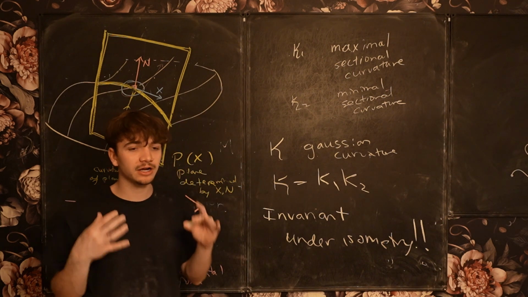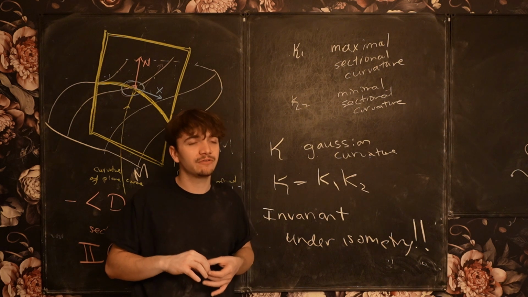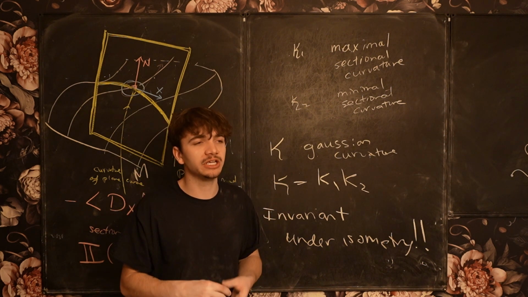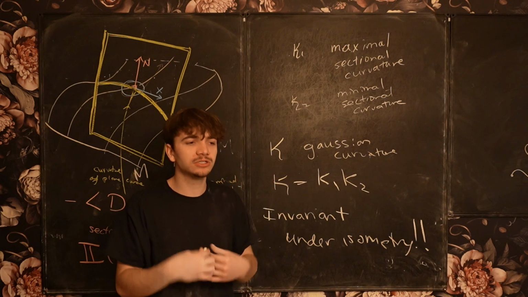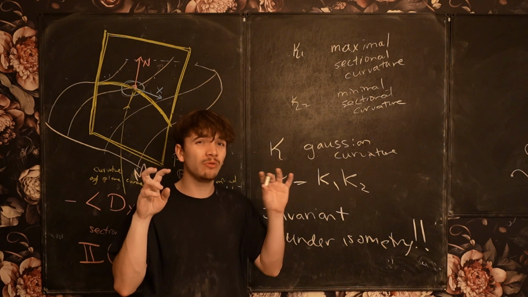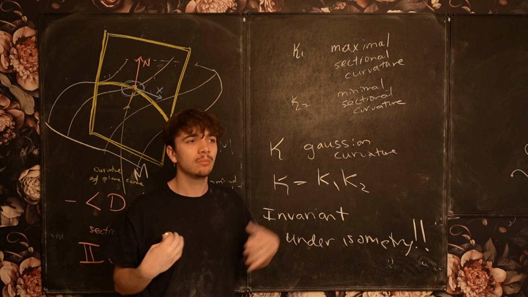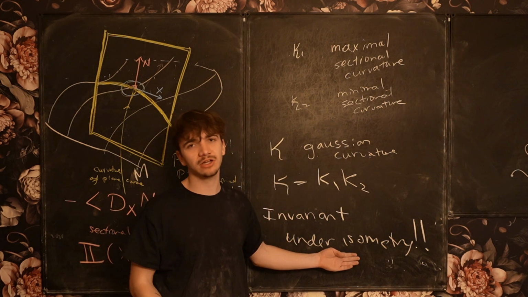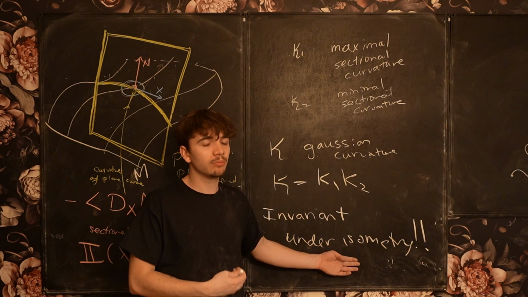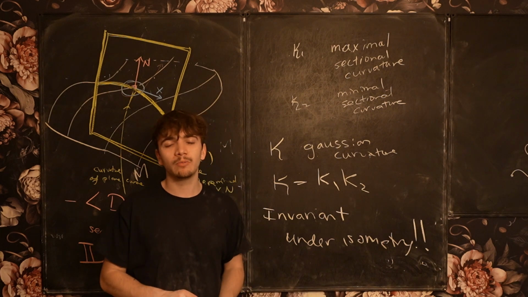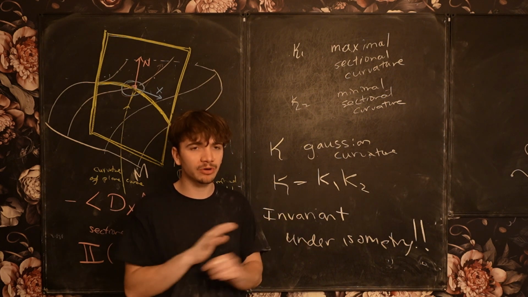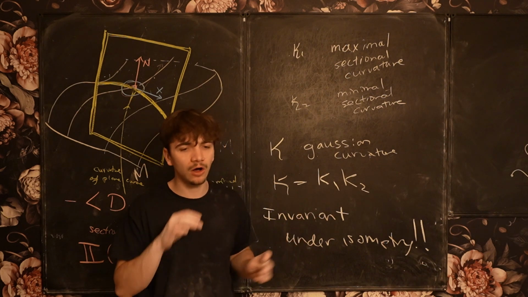The Euler characteristic, for those of you who don't know, comes from the theory of algebraic topology. It's a topological invariant, so it's invariant under homeomorphisms, which is a much broader class than just isometries. Isometries are still very structure-preserving maps, but homeomorphisms don't preserve differential structure at all.